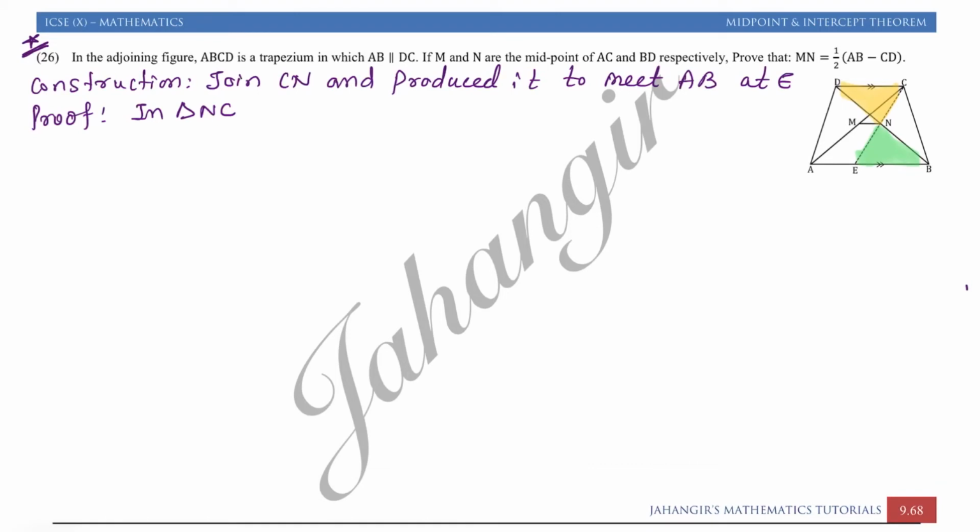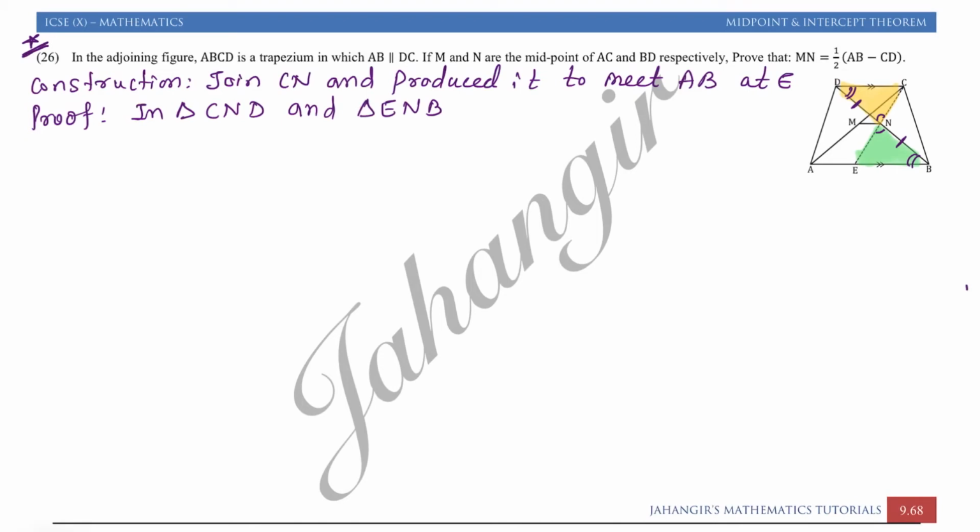So first we'll take in triangle CDN and triangle EBN. This is vertically opposite angle. This side is equal to this side as it is given, and one more I can take as alternate angle. These conditions we can just write down.